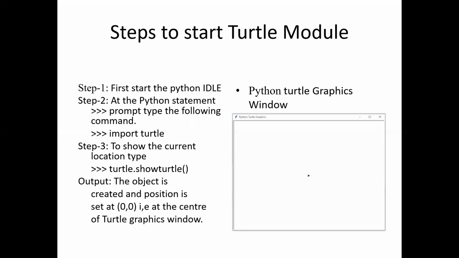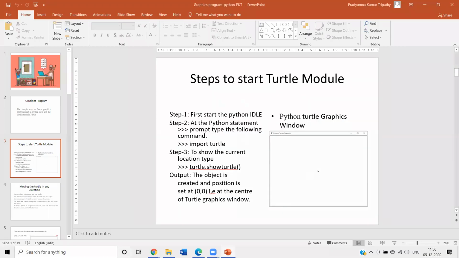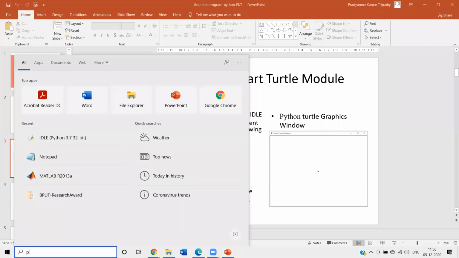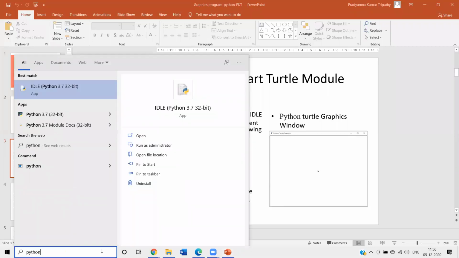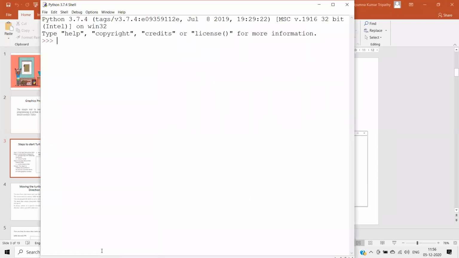So this turtle object is created and positioned at 0, 0, at the center of the screen. For example, let me show you, this is the Python screen, and I write import turtle. See, it is not giving an error, that means it is installed.